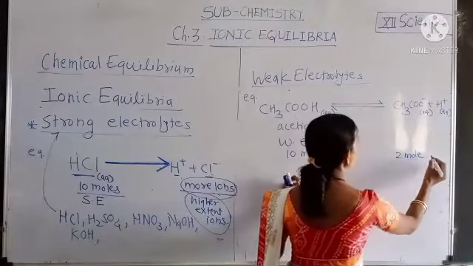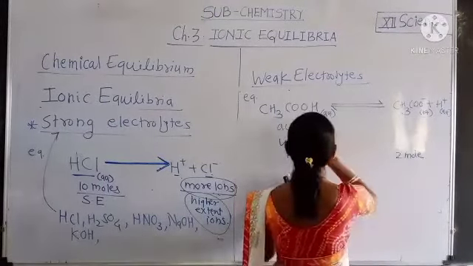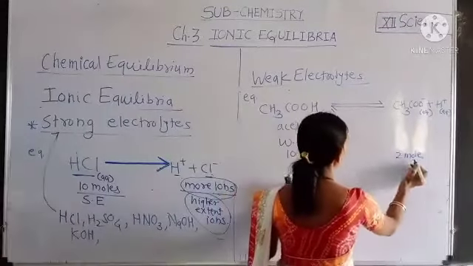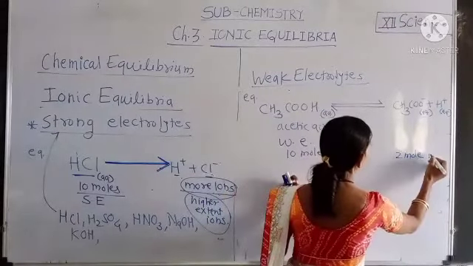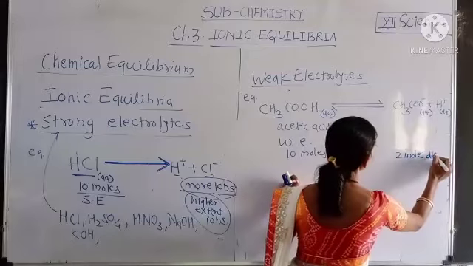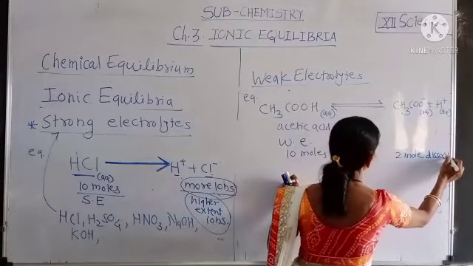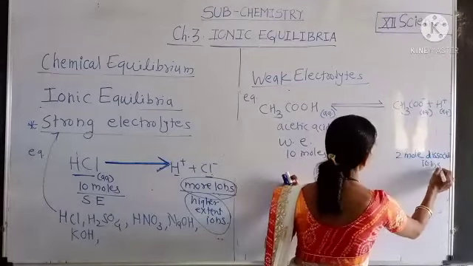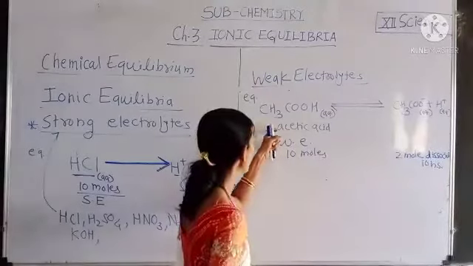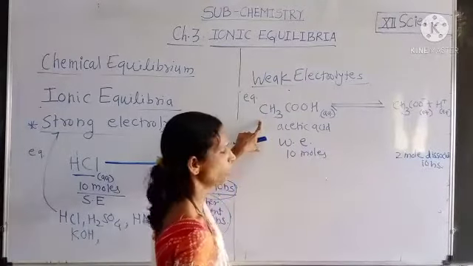Suppose 2 moles of CH3COOH get dissociated and give ions. Therefore, it is a weak electrolyte.